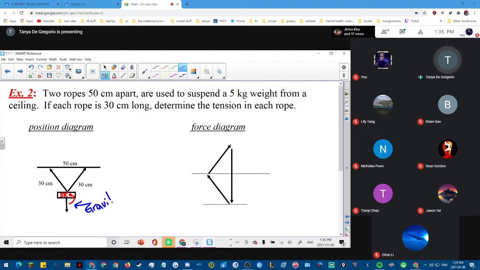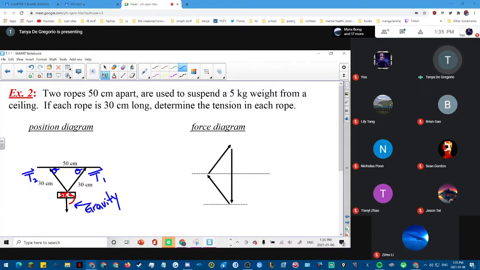It's our force of gravity pulling on the weight. Excellent. And then I'll call this tension 2, this is my vector, and this is tension 1. These are my 2 tension vectors, and both of these vectors make some angle with the ceiling.